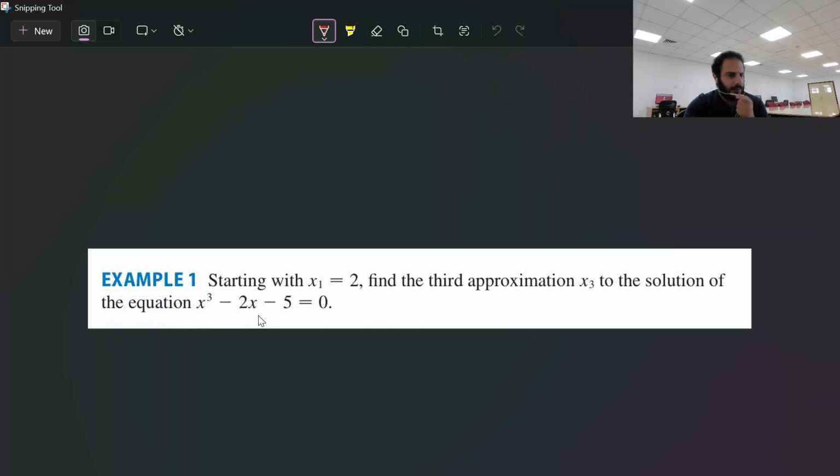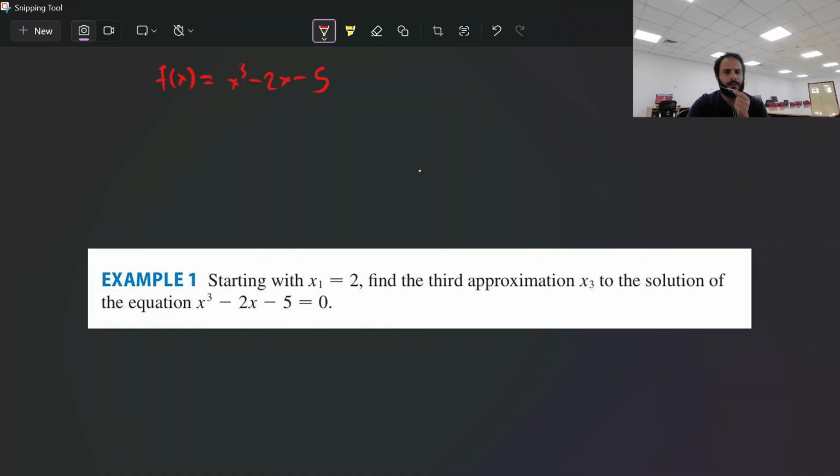We discussed before that we have a cubic formula, but it's very bad, right? It's complicated. But now see Newton's method, how easy it is. But first let's name the function. It's f of x equals x cubed minus 2x minus 5.